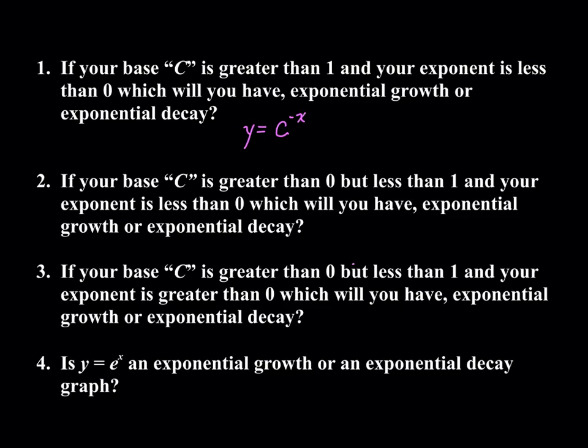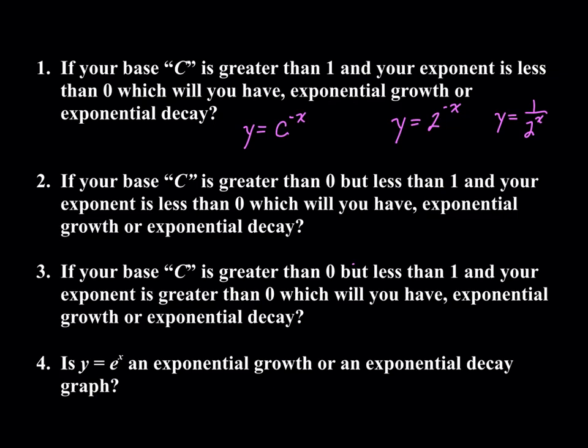So if we have the equation y equals c raised to the negative x, where c is a number larger than 1, let's just say 2. 2 raised to the negative power. Well, what a negative exponent does is flips the number. So you can think of this as y equals 1 over 2 to the x power.